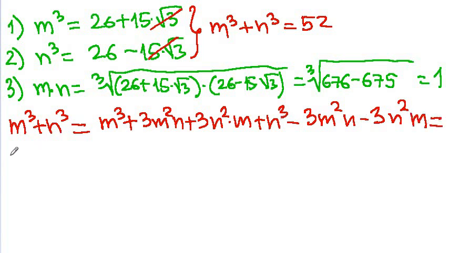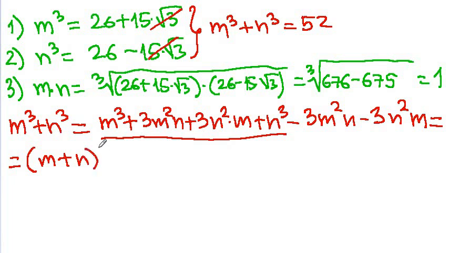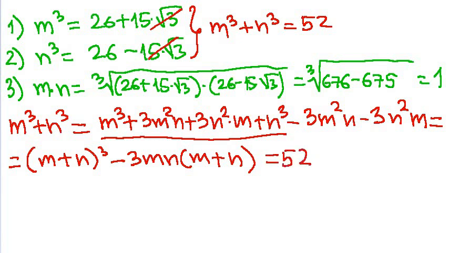And therefore this one is equal to m plus n to the power of 3, right? Minus, if you factor out 3mn, then m plus n. And this one is equal to 52. And notice that mn is equal to 1, right?